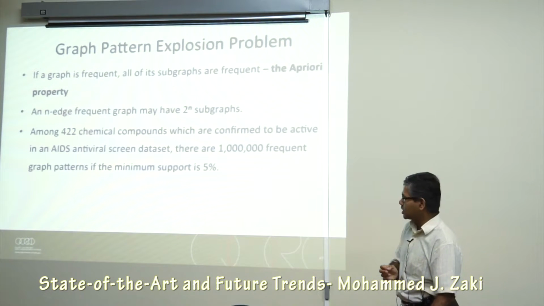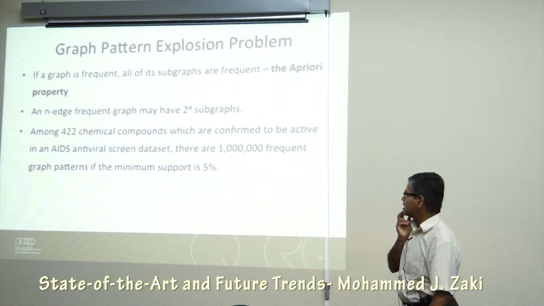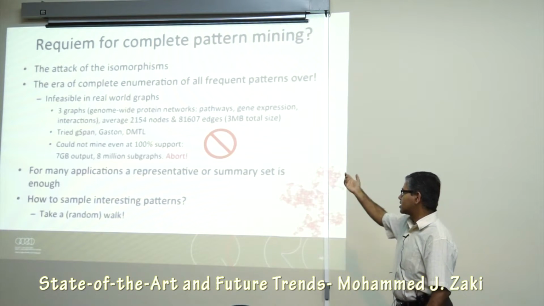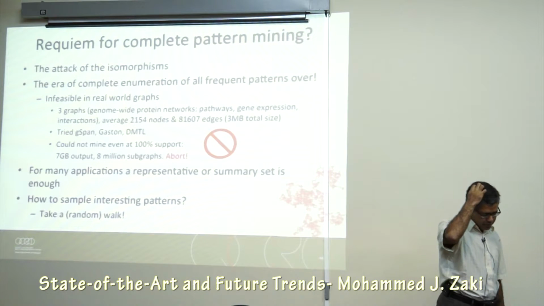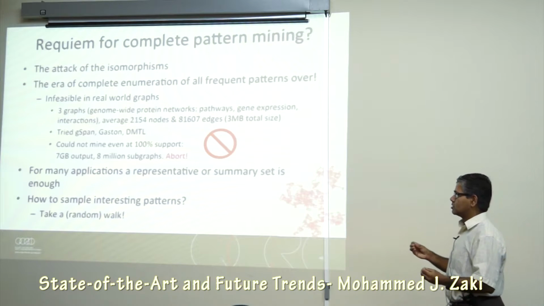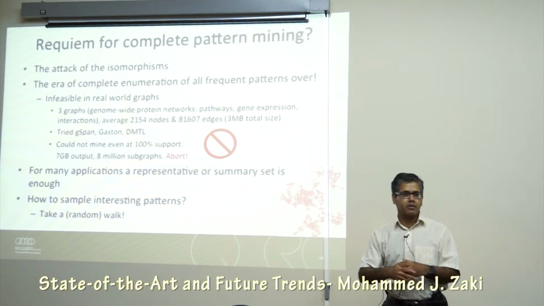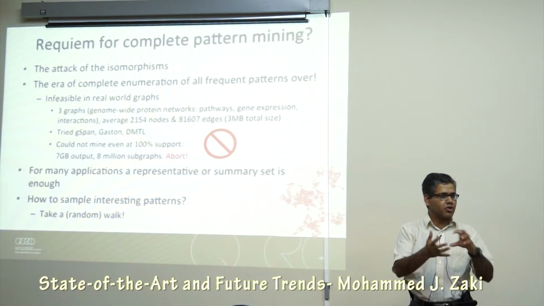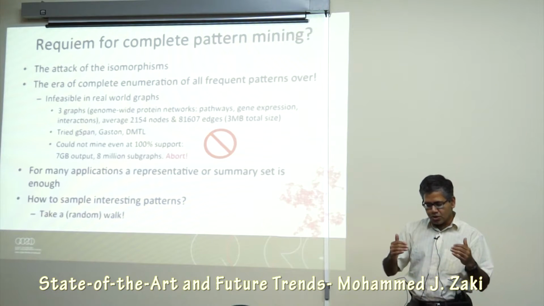So there's no way of controlling that output size. And so you might wonder, what should we do in that case, because there are just too many things. So as an example, if you take these real world compounds or protein structures, and this is probably also going to happen in social networks with rich attributes and so on, this notion of completeness.